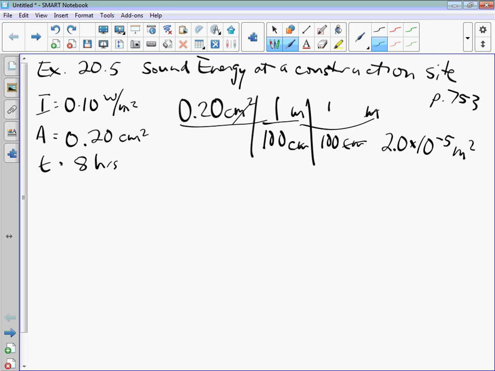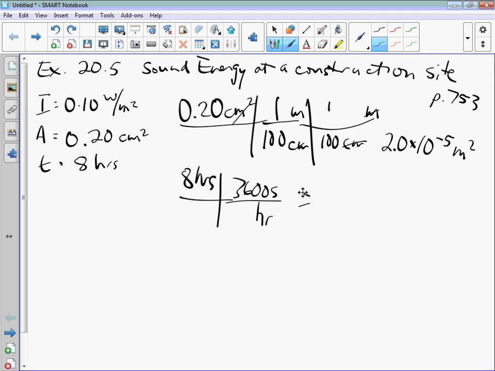Our time is not in seconds, it is in hours. 8 hours, we'd like that in seconds. You can go hours to minutes to seconds if you'd like, or if you know that 1 hour has 3,600 seconds, you could do it that way as well.